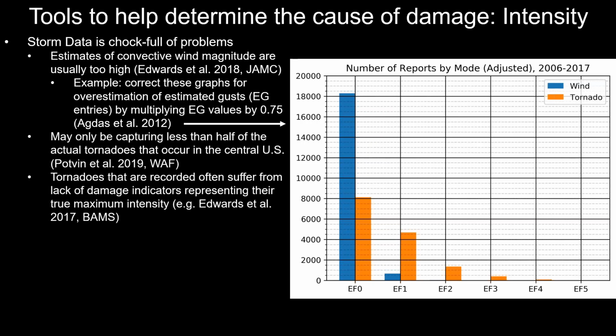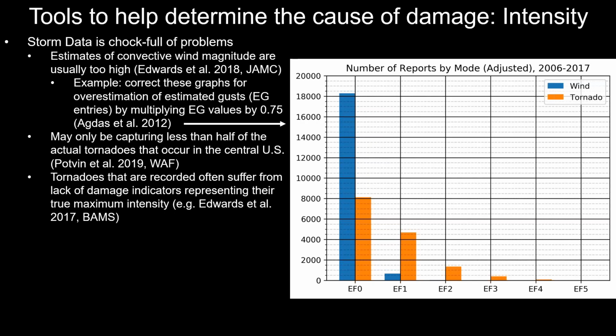Of course, there's many issues with the tornado record. If you've read Corey Cotton's paper published last year, you'll know that we may only be getting 45% of the tornadoes documented that occur in the southeast or central United States, which is a really fascinating, almost terrifying thought.